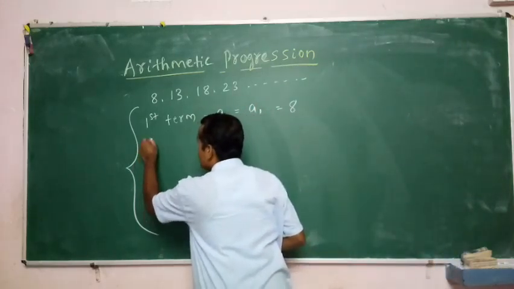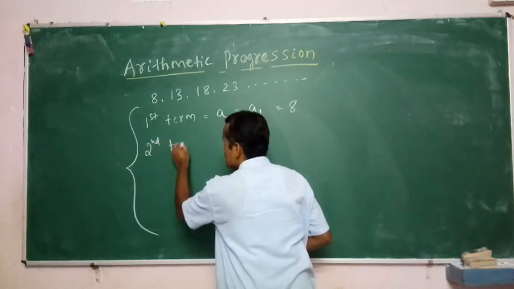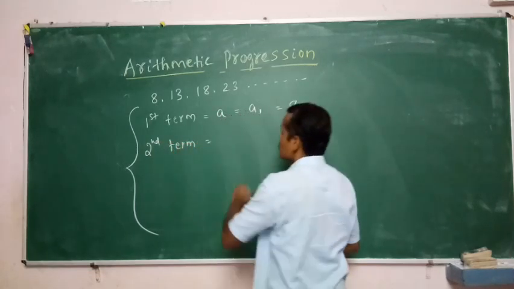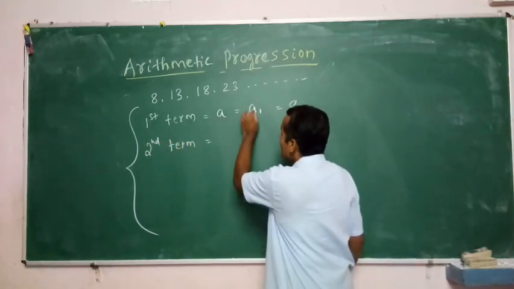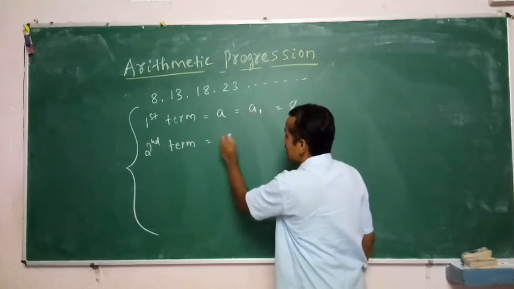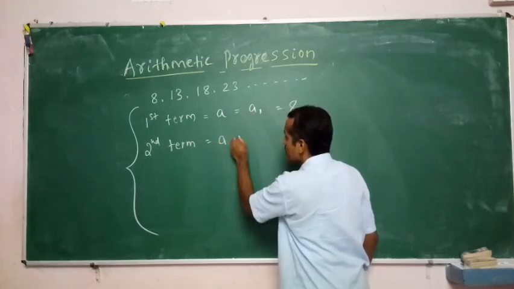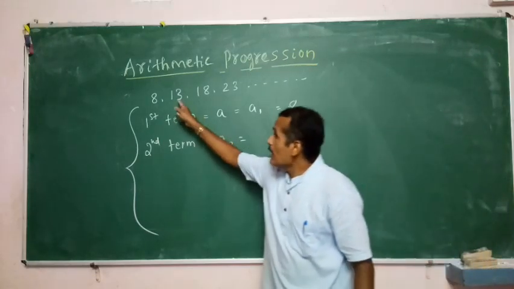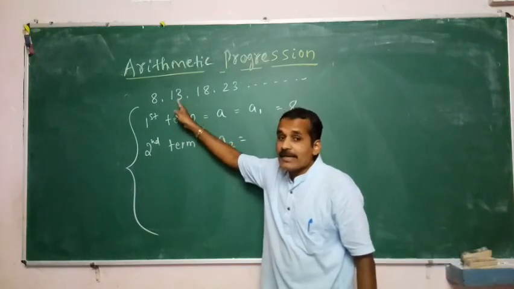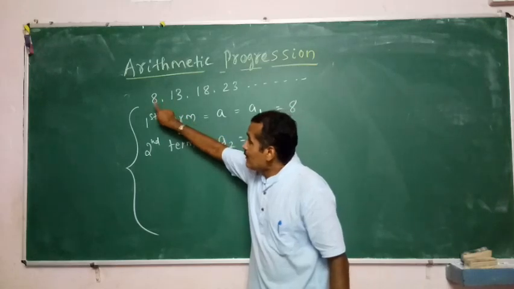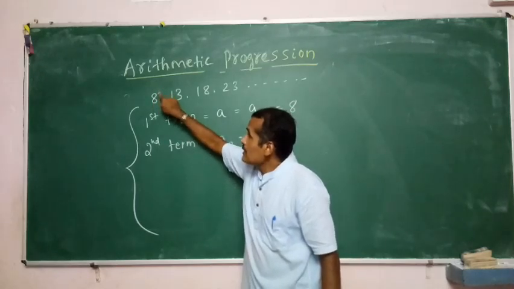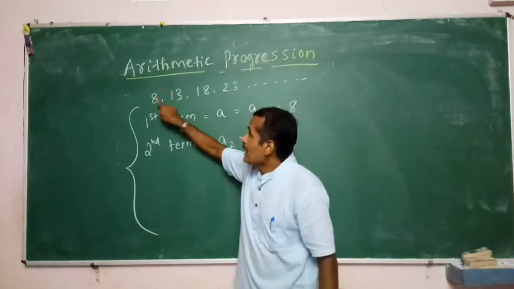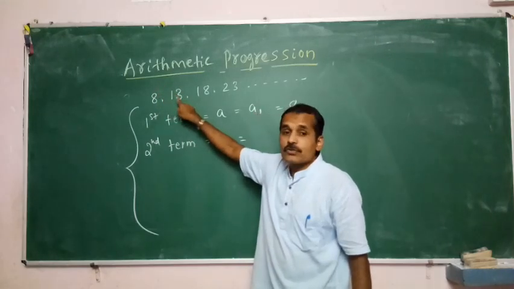Coming to the second term, see properly. If the first term is A1, then the second term is A2. My dear children, hope you are getting this number. A plus difference 5: 8 plus 5 is equal to 13.